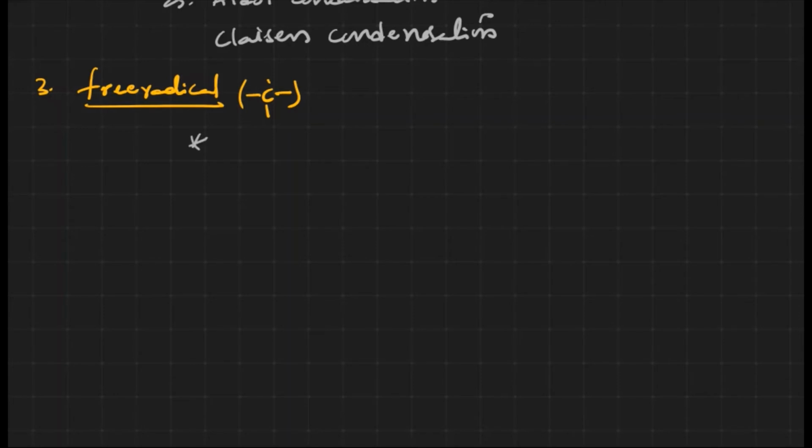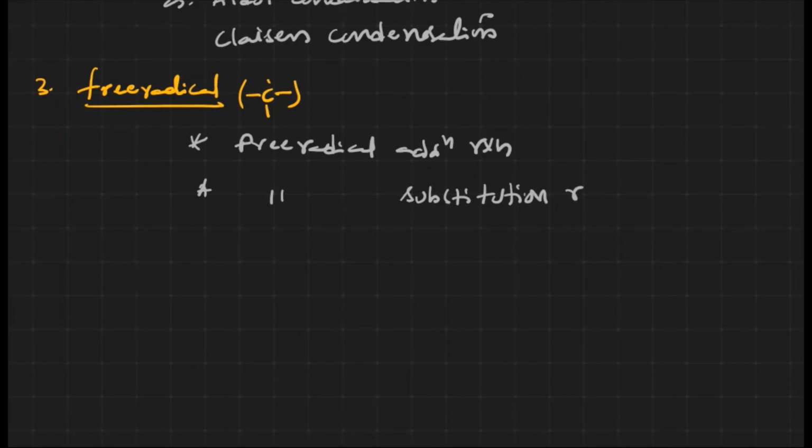If you take, for example, free radical addition reactions and free radical substitution reactions, in all these kinds of reactions, free radicals are the intermediates.